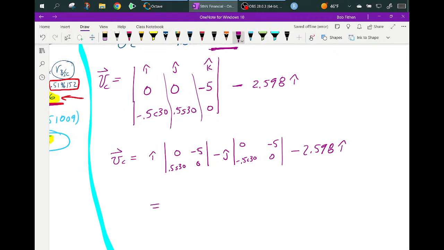Becomes plus minus a minus term, which will be 5 times 0.5 sine of 30 I, a plus minus a minus a minus a minus. 4 minuses. 5.